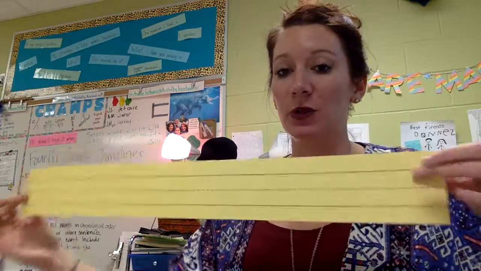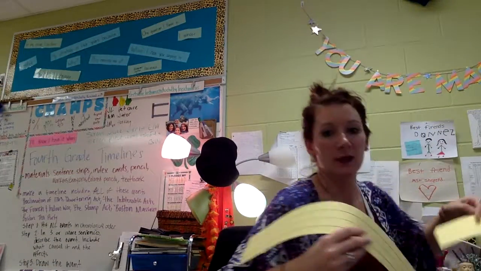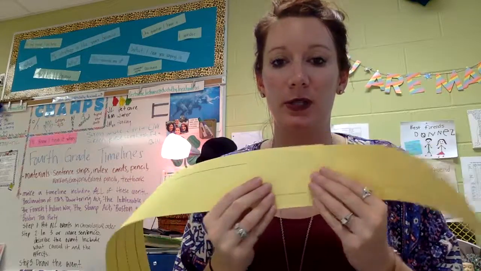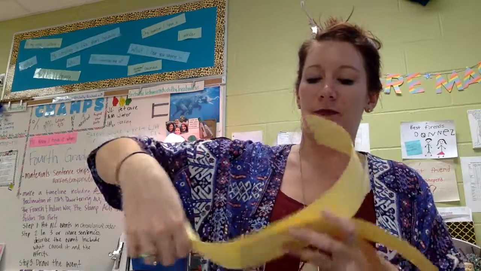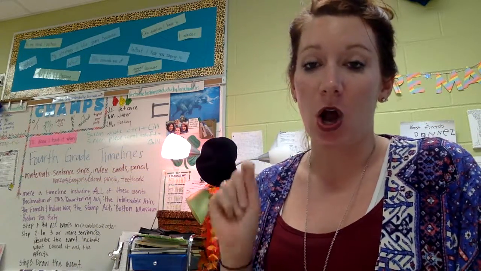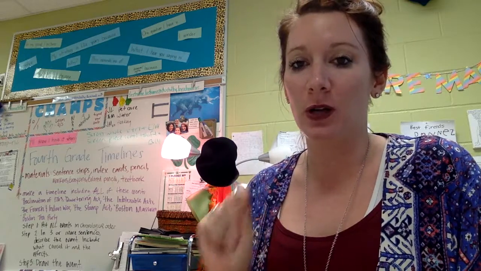So when you make your timeline, you can tape your two pieces together. So it'll look something like this when you tape it or staple it together. You'll have a really long timeline, and you're going to put 7 events on the timeline in chronological order.